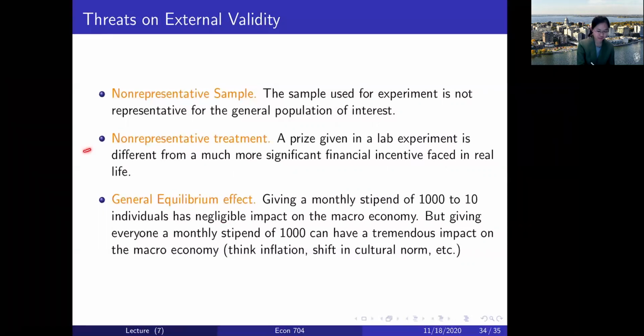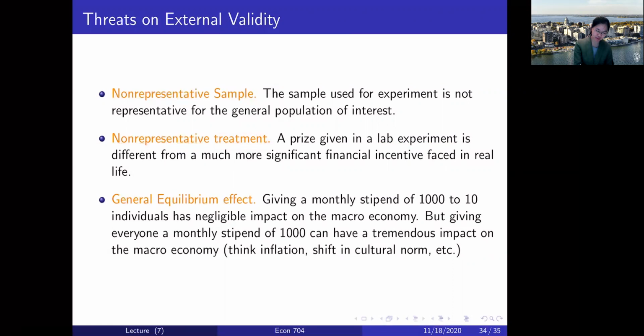It's also possible that the treatment assigned is not the meaningful treatment in the whole population. Okay, it's not a representative treatment. That happens a lot when people run lab experiments to study, say, altruistic behavior or risk aversion or people's patience.